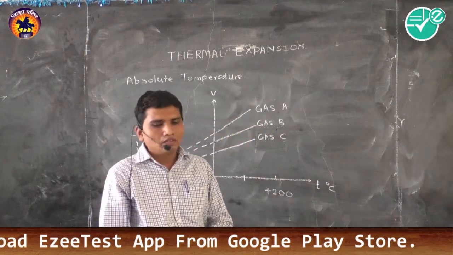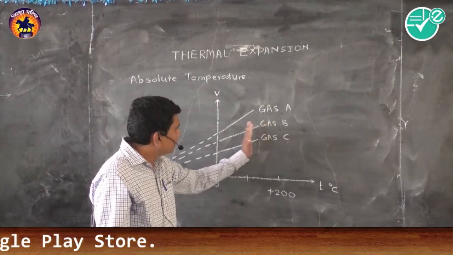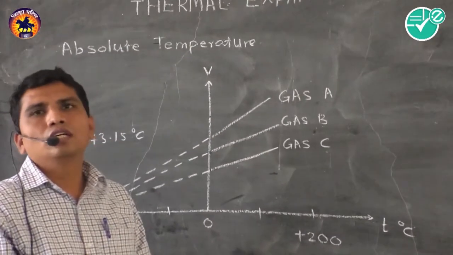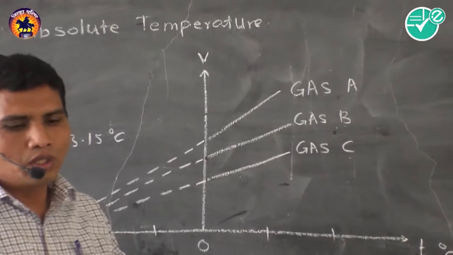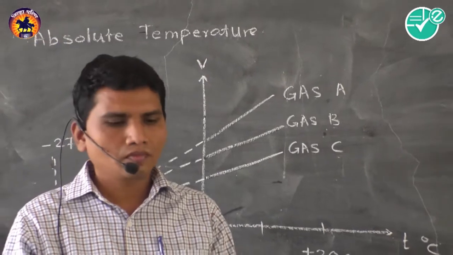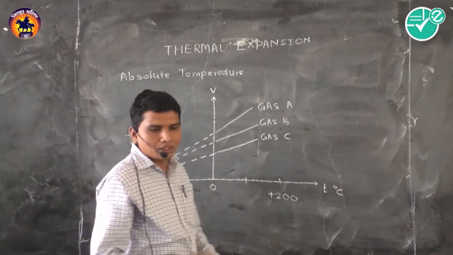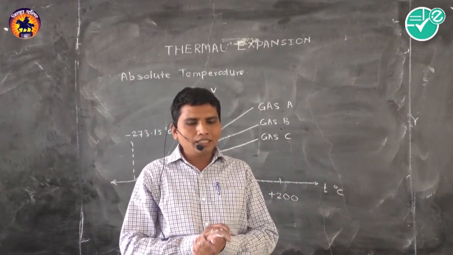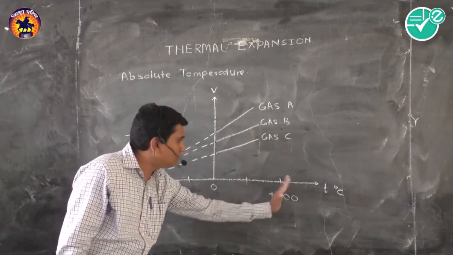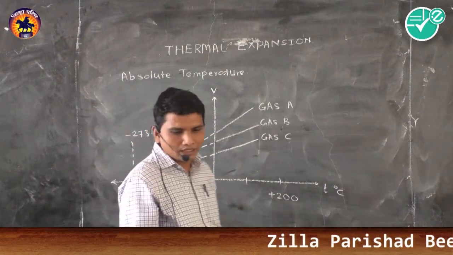From this graph, we can see that as the temperature decreases, the volume of the gas also reduces for these three gases. What happens below 0 degree Celsius?